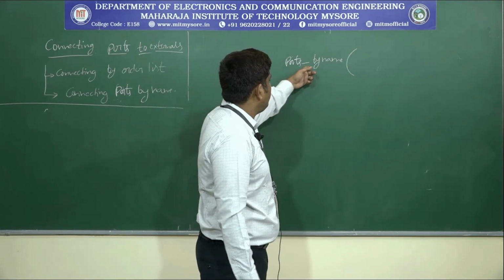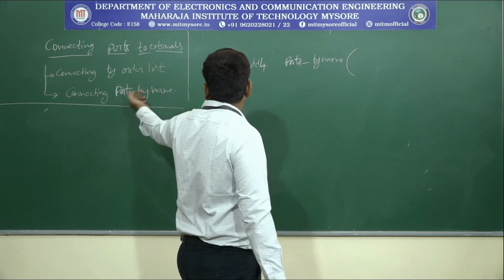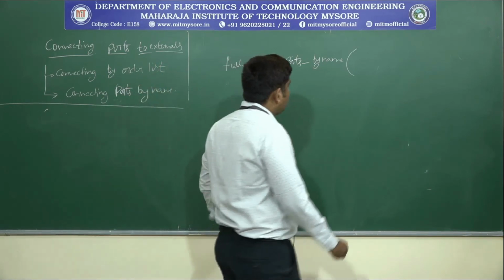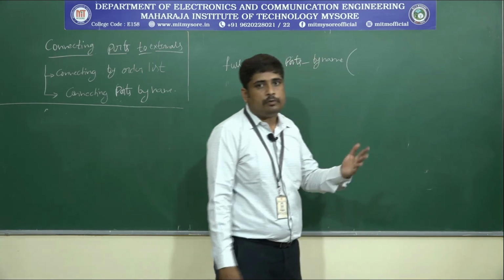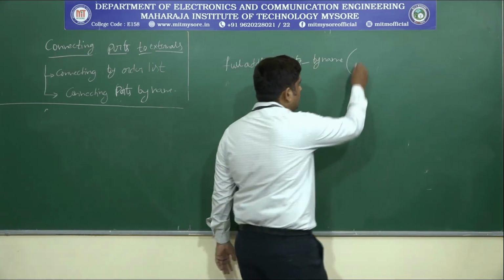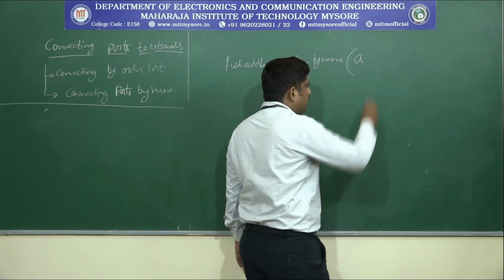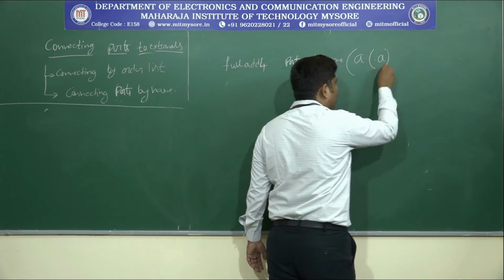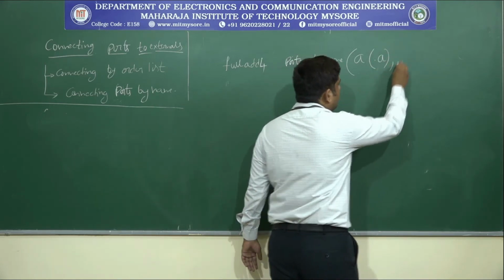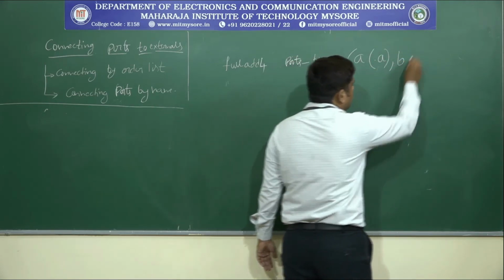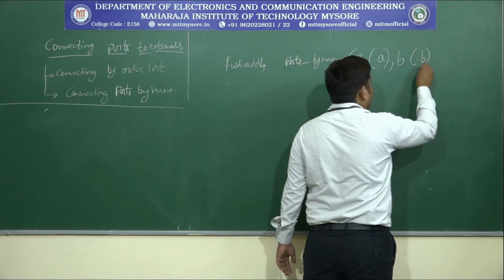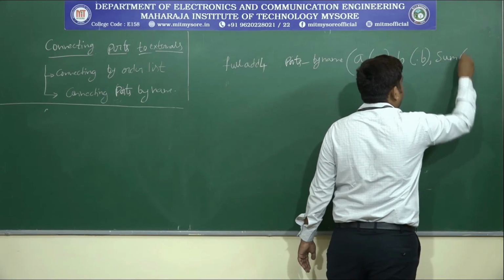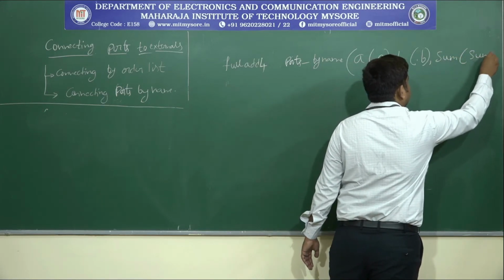Full adder 4 ports underscore by name, that is what we have to represent, ports by name. In the previous one we wrote by order list. Here we know the inputs and outputs of the 4-bit adder. A, then by name, so you represent dot A. Comma B, then again dot B. Then there is sum, you represent dot sum.